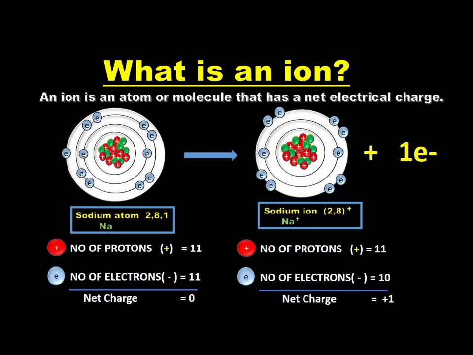It has more protons than electrons now, which makes the atom's overall charge positive instead of neutral. Now this positively charged atom is no more called an atom, it is called an ion.